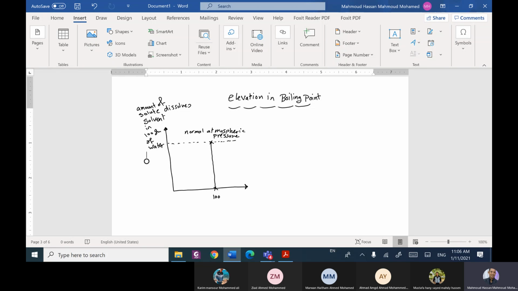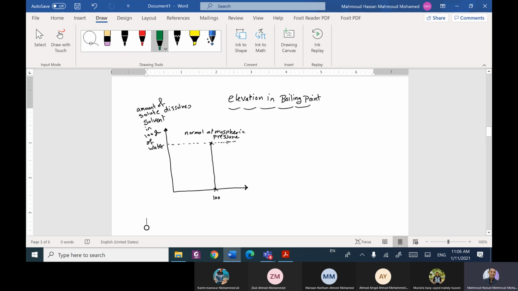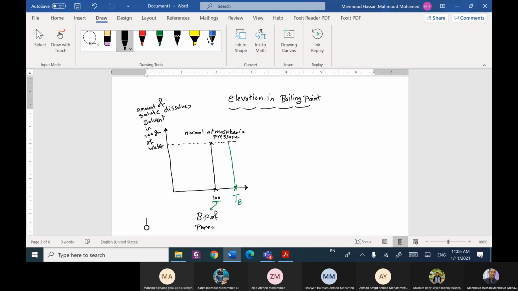But in the case of the solution, we'll find the solution may boil at the TB. TB is the temperature higher than the measured boiling point of the pure solvent. So 100 degree represents the boiling point of pure solvent, but TB represents the boiling point of solution.